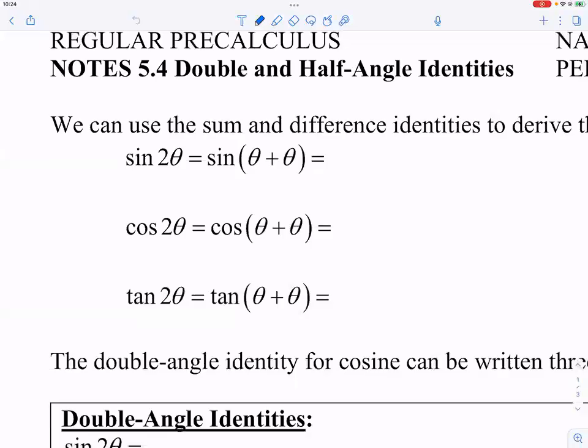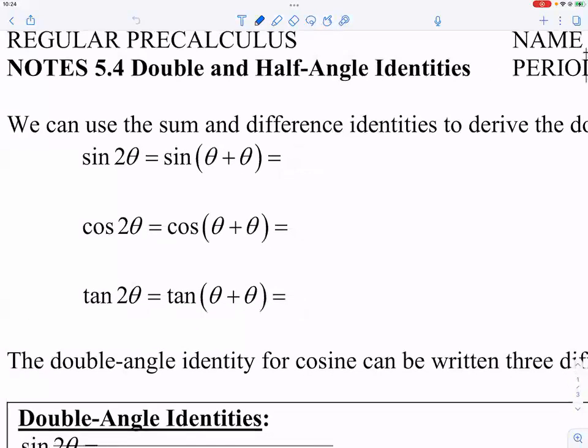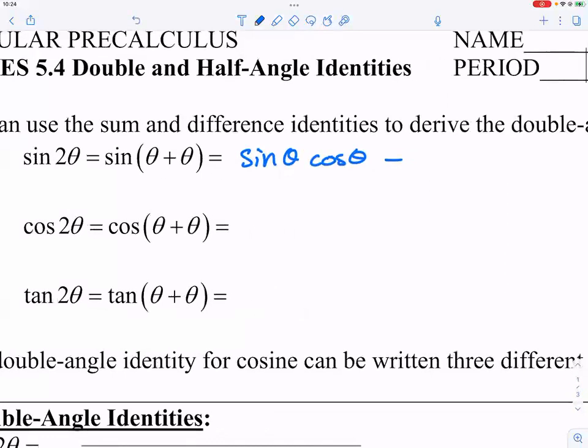Okay, so everyone should be familiar with these identities. Sine of theta plus theta is sine theta cosine theta plus cosine theta sine theta.